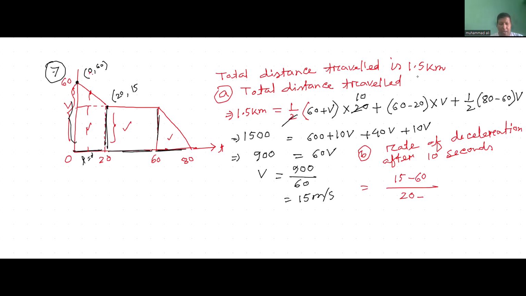So upper side minus 45, below side 20. If we divide, we get minus 2.25 meter per second square.